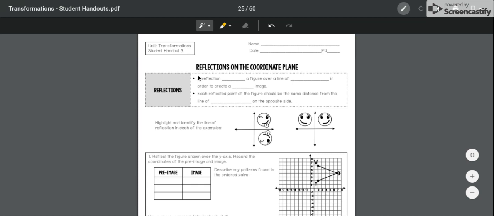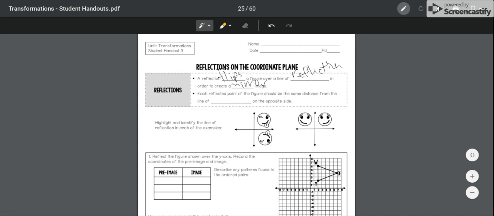Okay, we are going to learn about the next transformation, which is called a reflection. A reflection flips a figure over a line of reflection in order to create a mirror image.